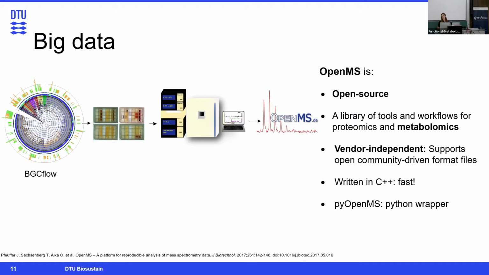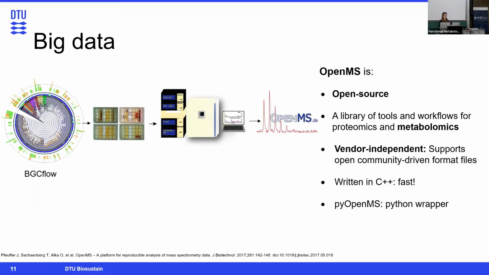But I didn't know programming when I started. So luckily for me, they wrapped everything into Python, in what they call PyOpenMS. So I was promised that I would only look at Python, but that wasn't true. On top of that, they're very, very responsive. They're really amazing people, very helpful.